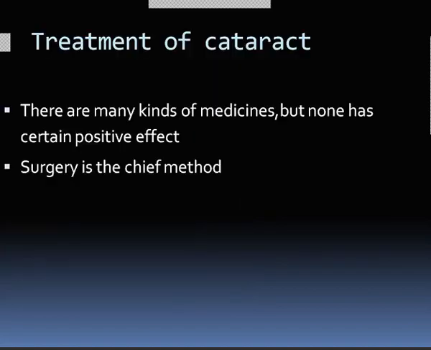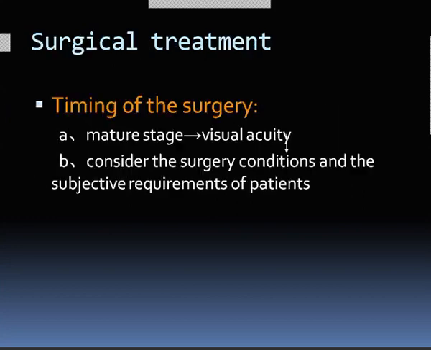We have to do YAG capsulotomy. You see, that is the PCO. For the treatment of cataract, there are many kinds of medicines, but none has a certain positive effect. Surgery is the chief method. Surgical treatment will continue later.